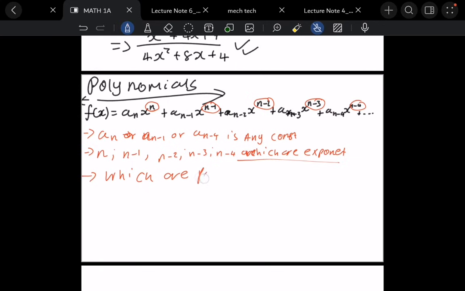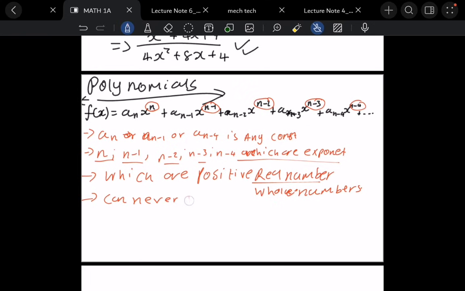are positive real whole numbers, which means those values of n which you see there can never be fractions or negative.